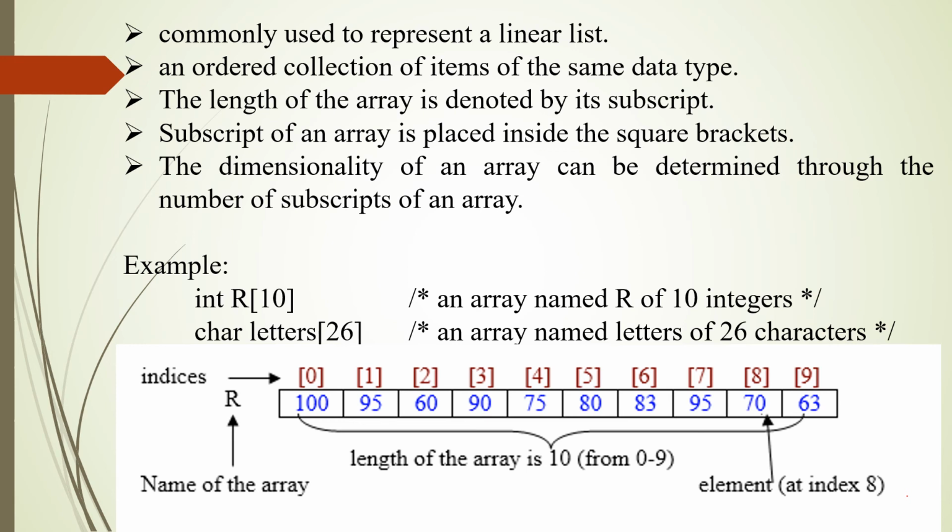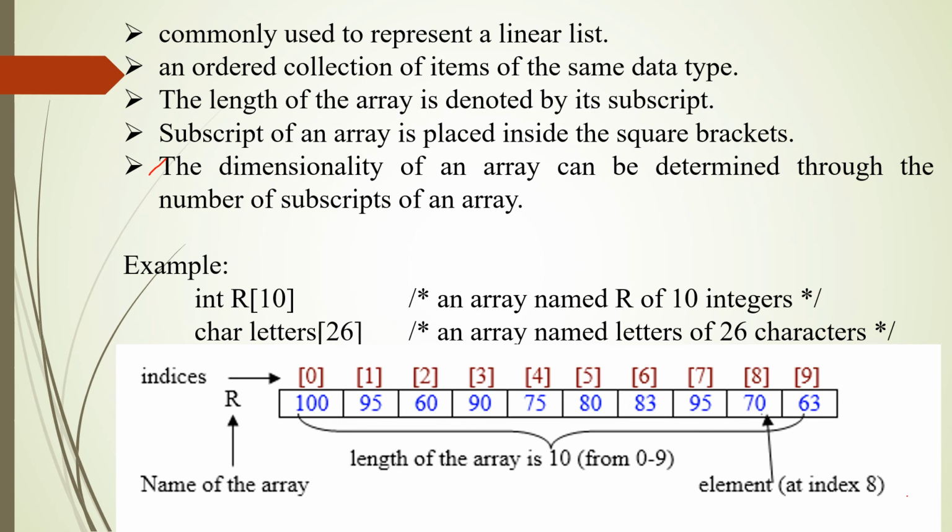The dimensionality of an array can be determined through the number of subscripts of that array. If we have two subscripts, we have a two-dimensional array. If we have only one subscript, then we have a one-dimensional array. The subscript of the array is placed inside square brackets.